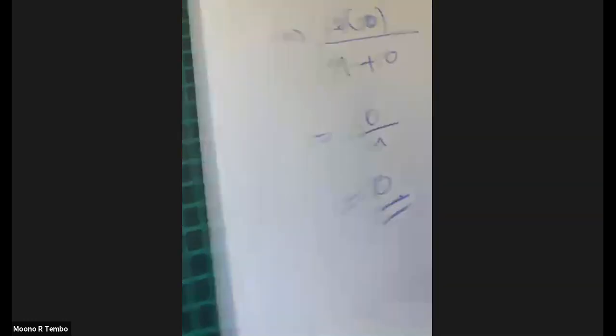When you replace 0 here, the whole exponential gives us 1, so it becomes 1 plus 1 in the denominator. And then from there, you're going to have 0 over 2, which will give you 0. This is how you solve the first one. This is your answer.